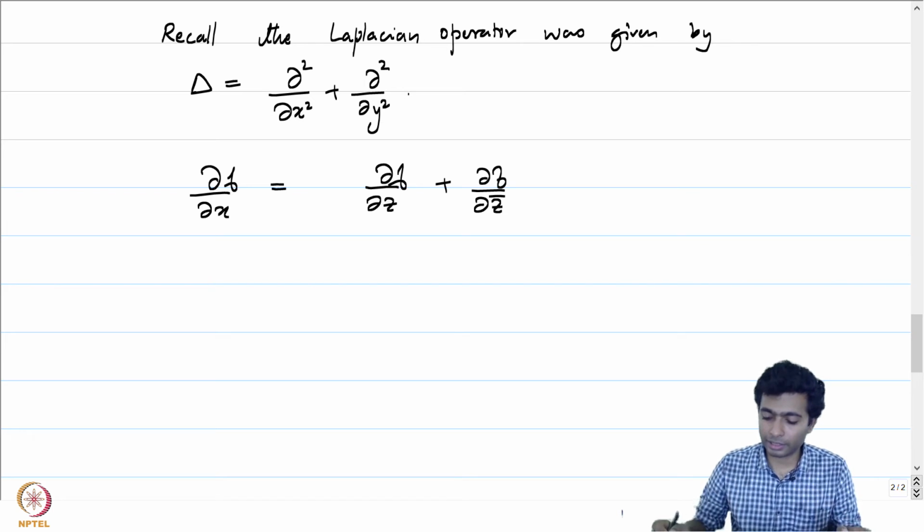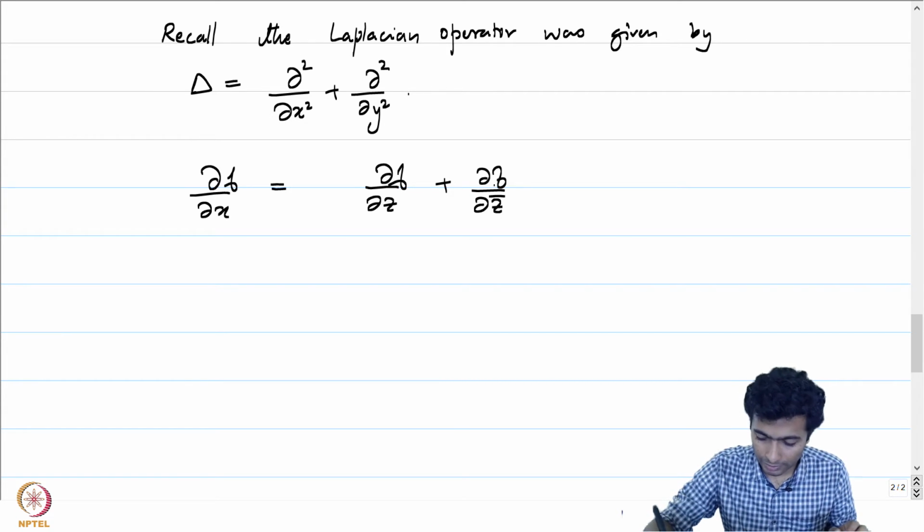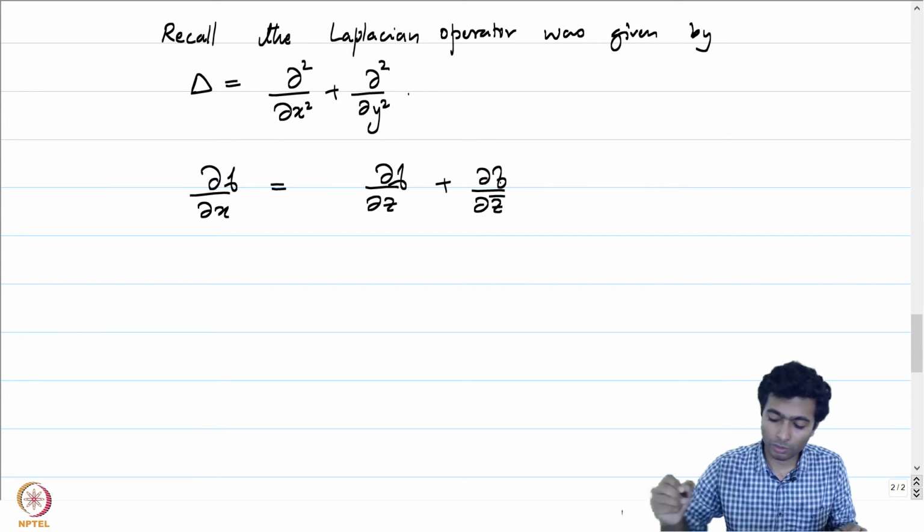Check that this is exactly what the Wirtinger derivatives will give. This is half of ∂f/∂x plus 1 by i times ∂f/∂y, this is half of ∂f/∂x minus 1 by i times ∂f/∂y.